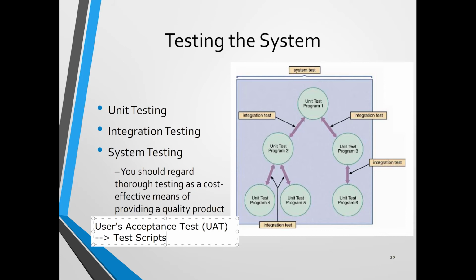So the things that users have to do is navigate to the login page, go to www dot blah blah blah, and then enter the user ID and password. In the test script, you also have to prepare the data that users have to enter as well.